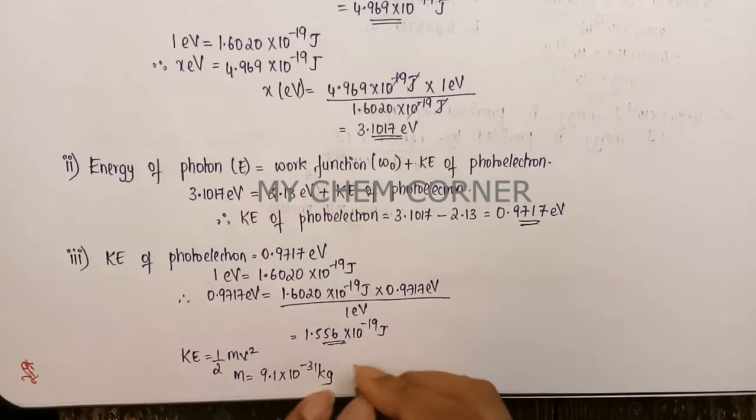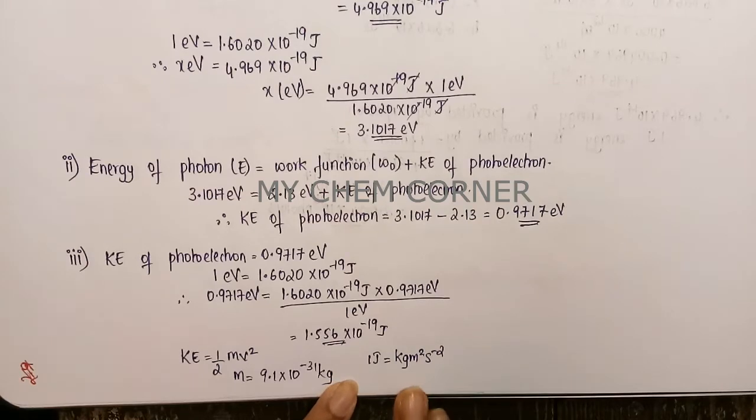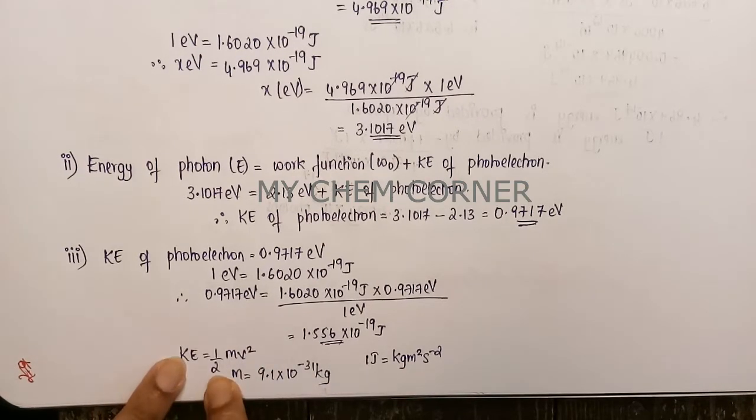So here we can write that 1 joule is equal to kg meter square seconds to the power minus 2. So if 1 joule is equal to this, only the unit will change here. So let's substitute the value in kinetic energy is equal to 1 by 2 mv square.